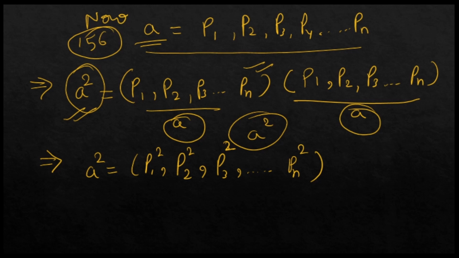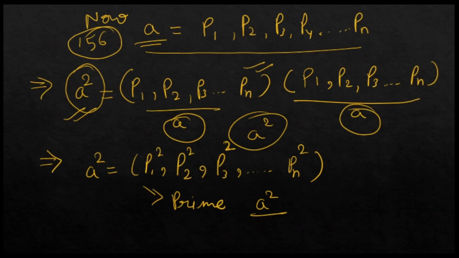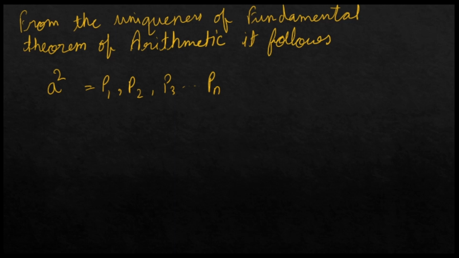It is given that P is prime and it divides A square. This is given: P divides A square. And we have to prove that P divides A. Let's see how. P is prime and divides A square. From the uniqueness in the fundamental theorem of arithmetic, it follows that the only prime factors of A square are P1, P2, P3 till Pn.